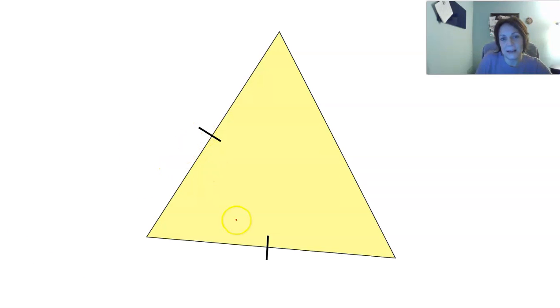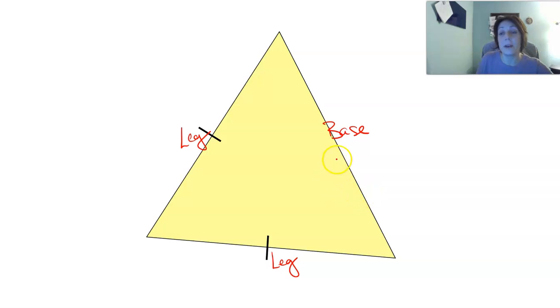So since this side and this side match, this side is a leg and this side is a leg. And in a minute, when we do some practice problems, I'm going to ask you to identify the legs. So if these are the legs, then that makes this third side the base. The fact that the base is coming down the right-hand side means absolutely nothing. The base is the side that isn't a leg.